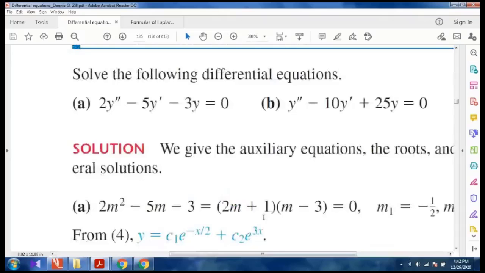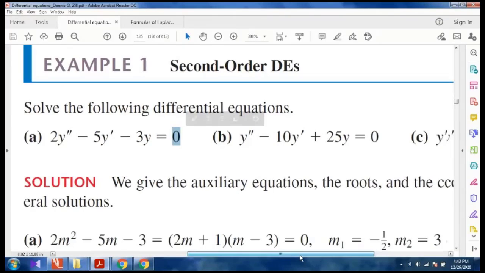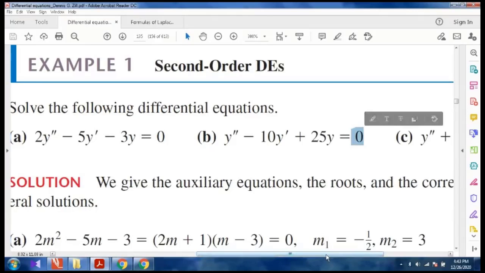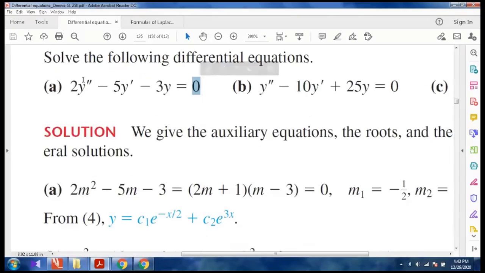So you can remember from your previous course that we have learned somehow how to solve differential equations, ordinary differential equations. You can see on right side of the equations we have 0. So that means for this we can say these are homogeneous differential equations with constant coefficients.